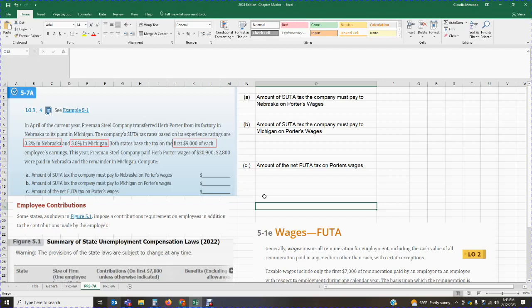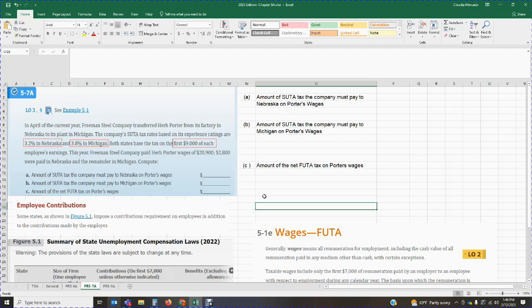In this example, FUTA will be 7,000. That never changes. We will pay FUTA taxes on the first $7,000. But in this case, the SUTA tax does change. The taxable earnings, we're going to pay taxes up to $9,000. Okay, so we're going to have two limits to be looking at, the FUTA and the SUTA cap.